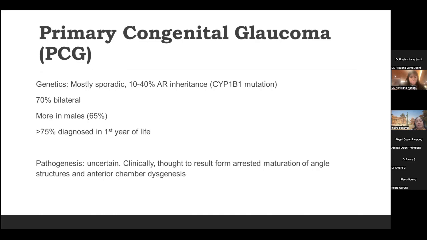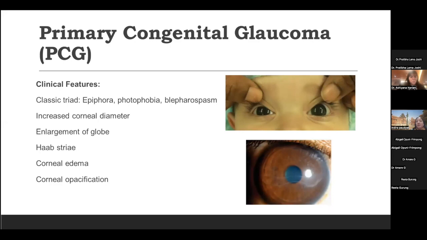Coming to the pathogenesis, it is uncertain clinically, though thought to result from arrested maturation of angle structures and anterior chamber dysgenesis. So the pathogenesis is unclear. And in primary congenital glaucoma, here you can see in the above picture of the child.